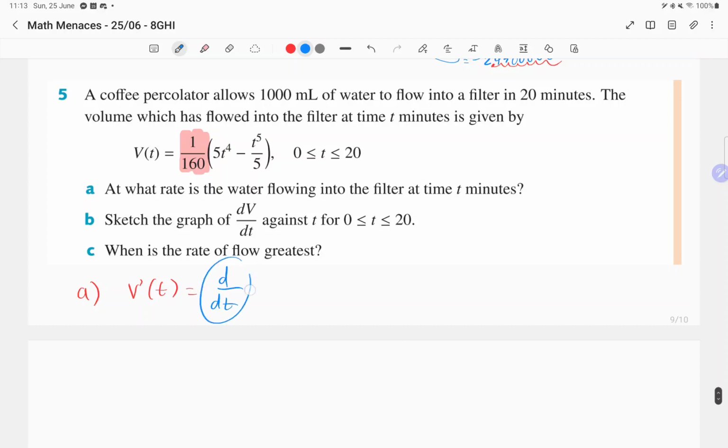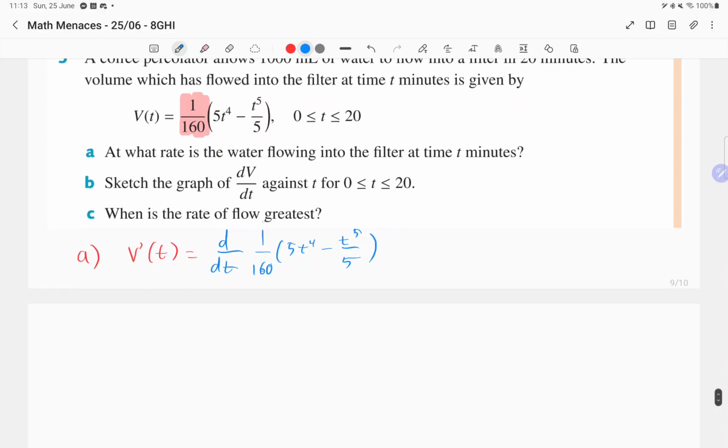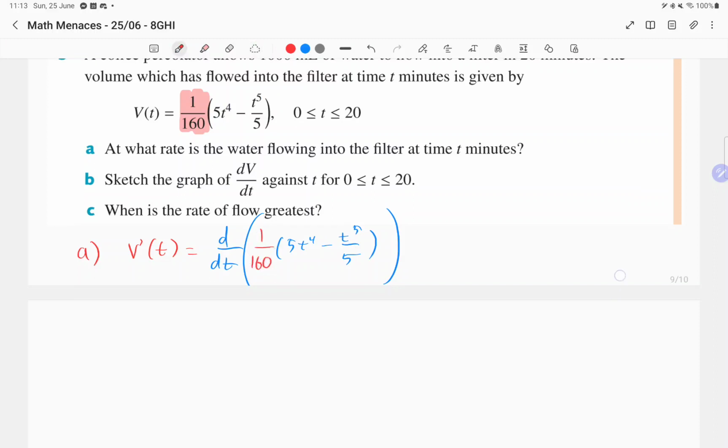So I'm deriving this expression here: 1 over 160, 5t power 4 minus t power 5 over 5. When I'm trying to derive this entire thing, part of it has a constant factor multiplied in.